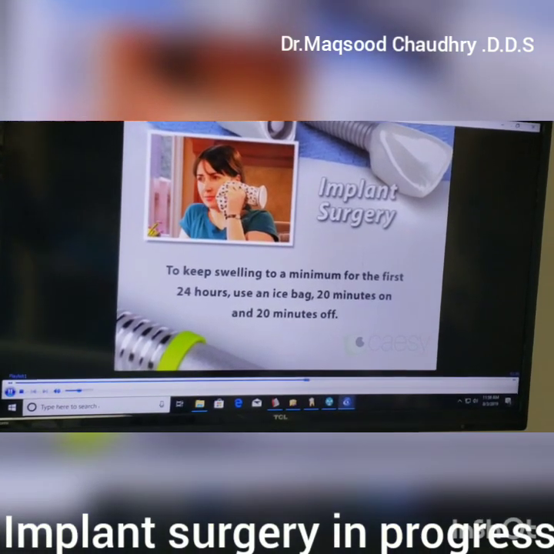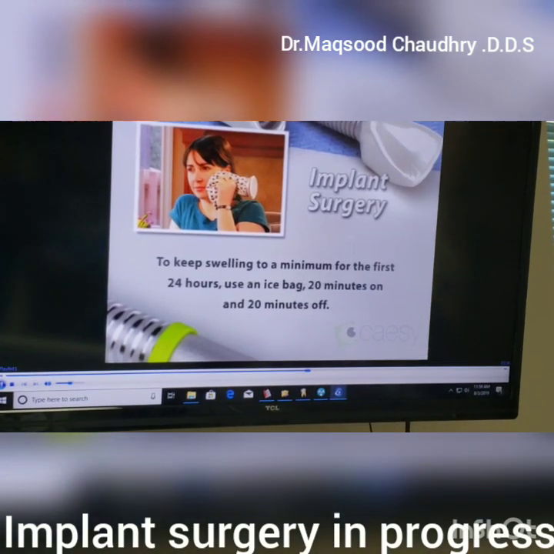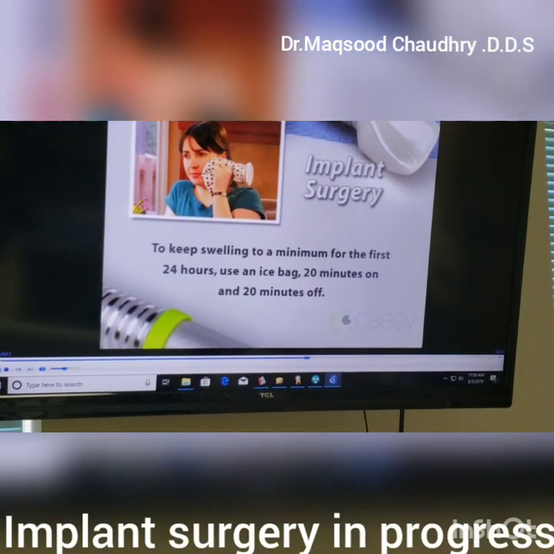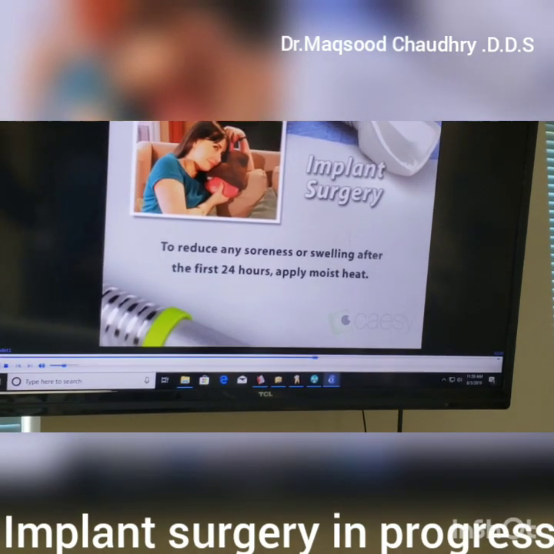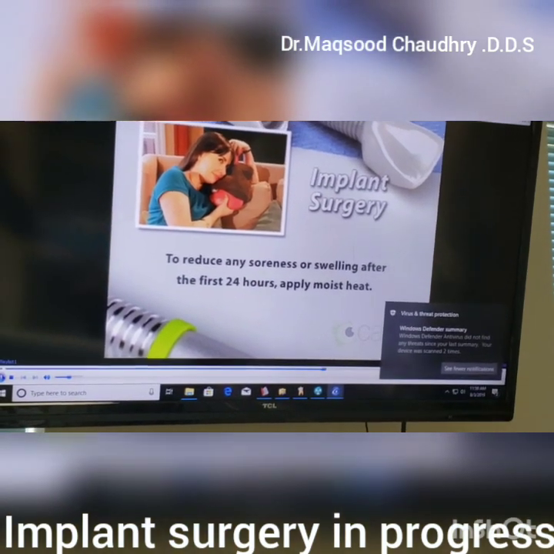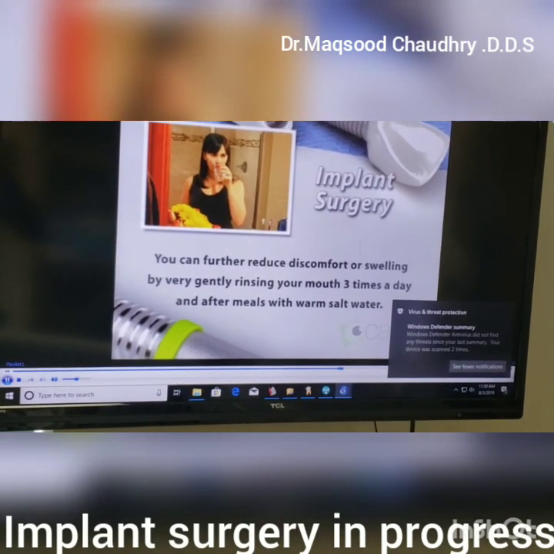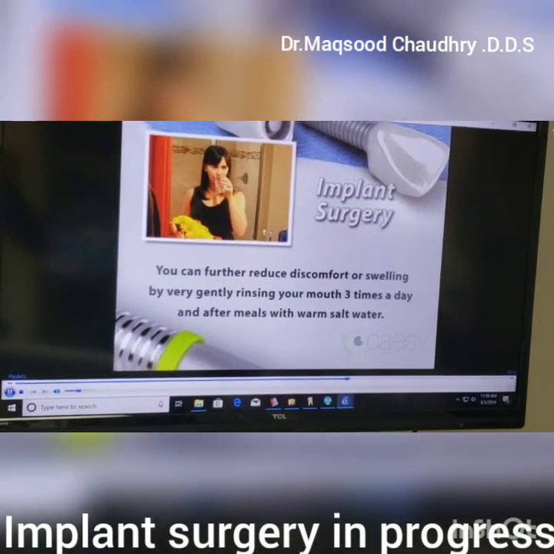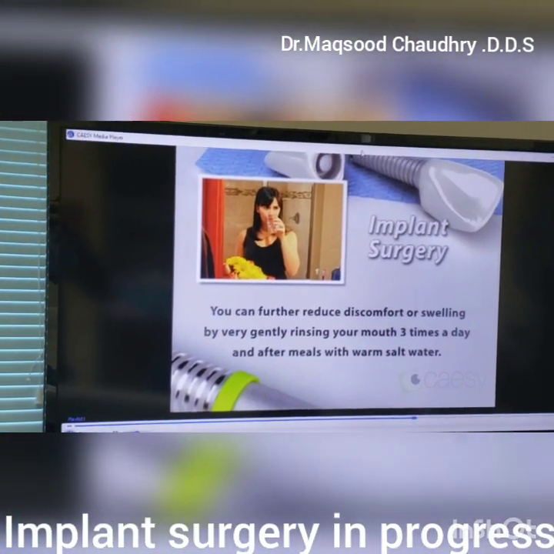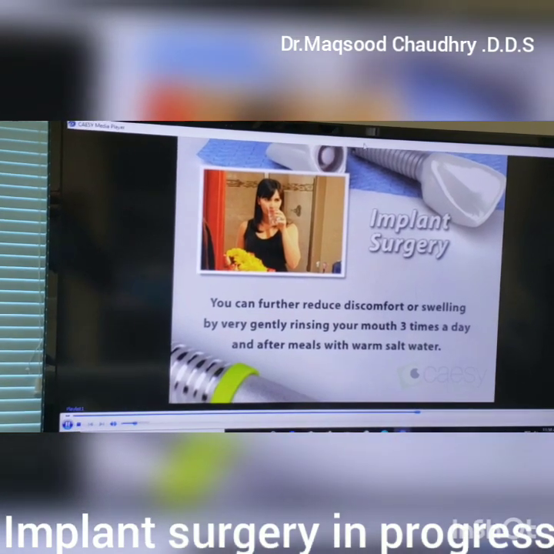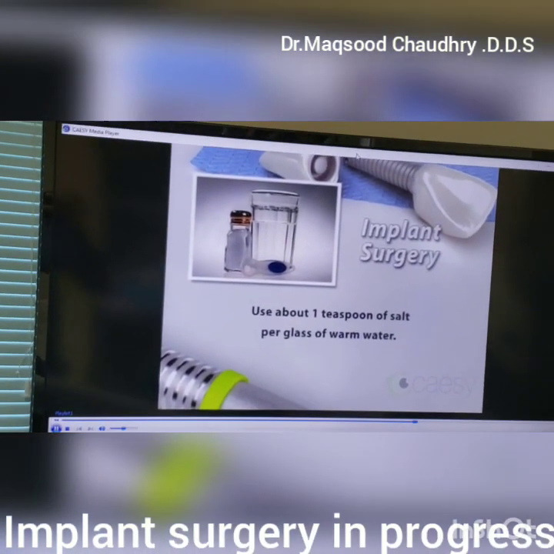To keep swelling to a minimum for the first 24 hours, use an ice bag, 20 minutes on and 20 minutes off. After the first 24 hours, apply moist heat. You can further reduce discomfort or swelling by very gently rinsing your mouth 3 times a day and after meals with warm salt water, about 1 teaspoon of salt per glass of warm water.